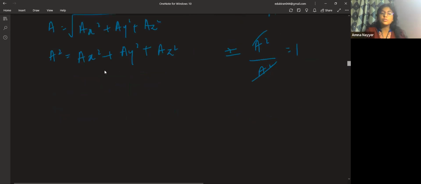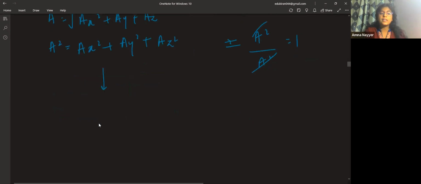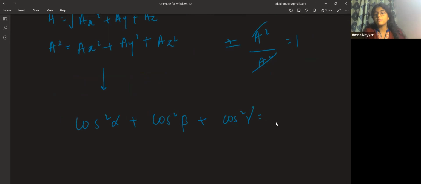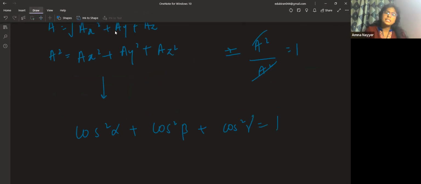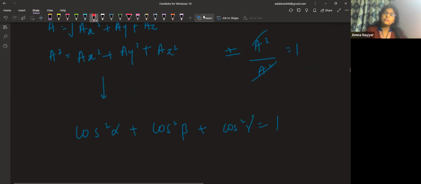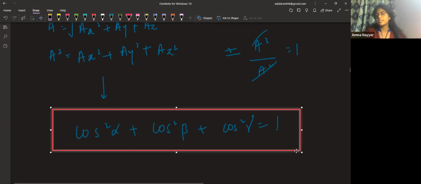What is the conclusion? Conclusion is that cos square alpha plus cos square beta plus cos square gamma is equal to 1. Some very previous questions I have found, where proving this is asked.